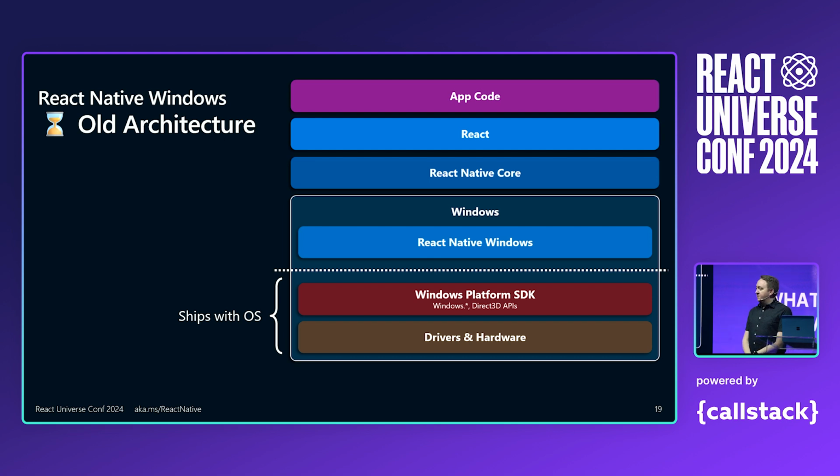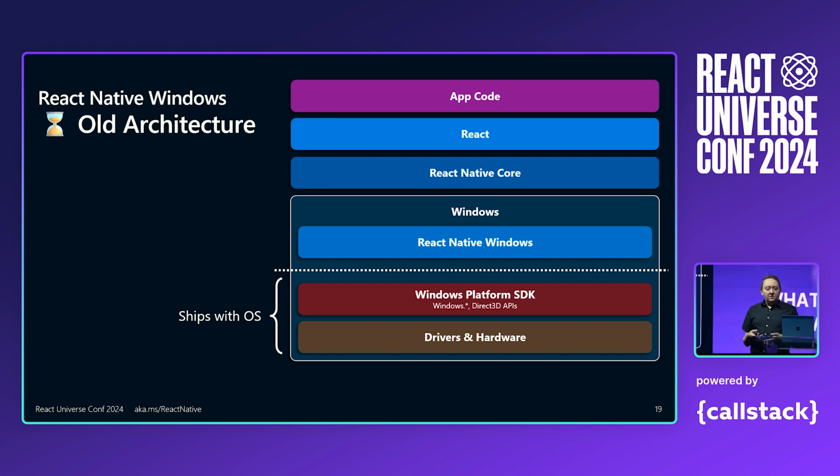The React Native for Windows architecture was based on UWP, which is not our modern Windows strategy anymore. But shipping with the operating system means that the underlying platform iterated very slowly, and it meant that sometimes your experience might look different based on the version of the operating system your app was running on.